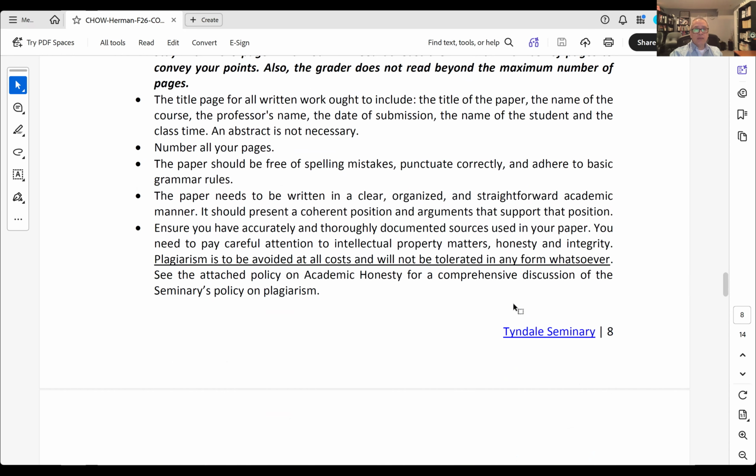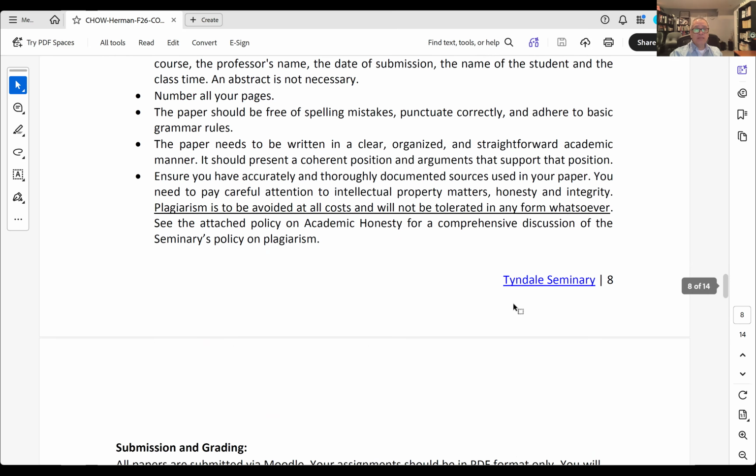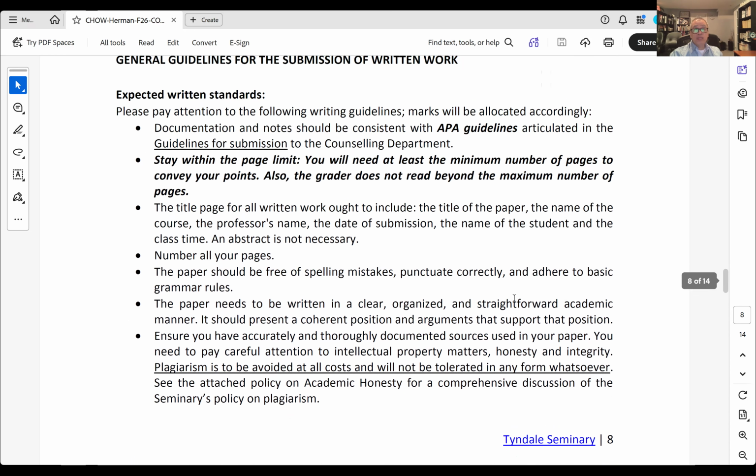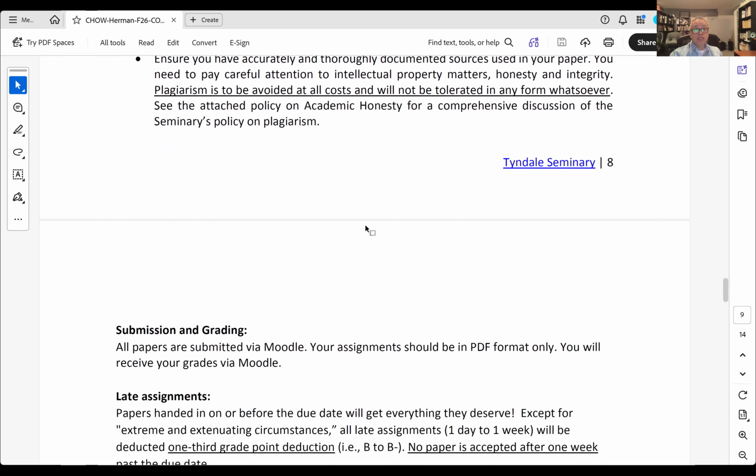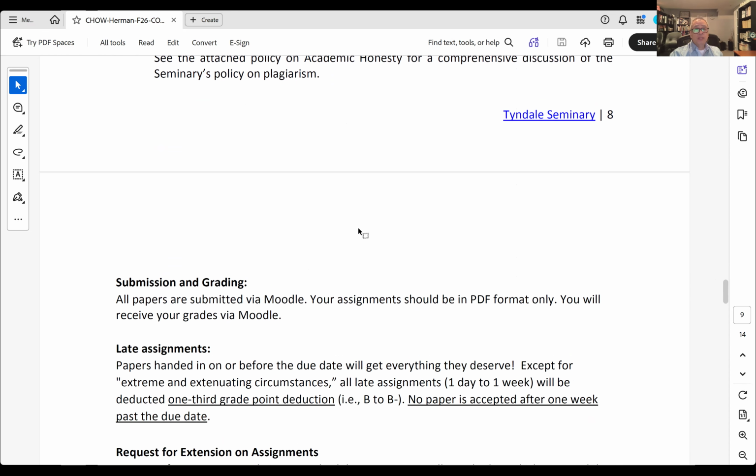So that's, I believe, all the assignments. If you continue to read through the syllabus, there are some expected writing standards you can get familiarized with. All papers are submitted through Moodle, your assignments should be in PDF format only, and you will receive your grades through Moodle as well.